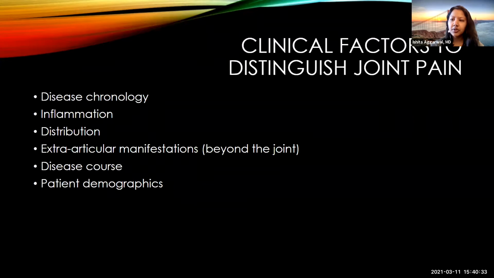The patient demographics and disease course also play a role in distinguishing joint pain. We may see, for example, a 50-year-old woman with symmetric progressive polyarticular, so more than 4 joints involved, joint swelling with prolonged morning stiffness, whose history may suggest rheumatoid arthritis.